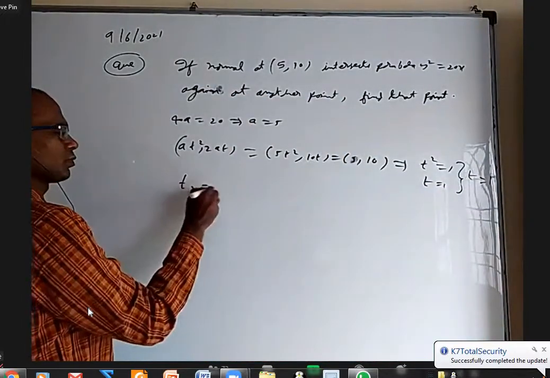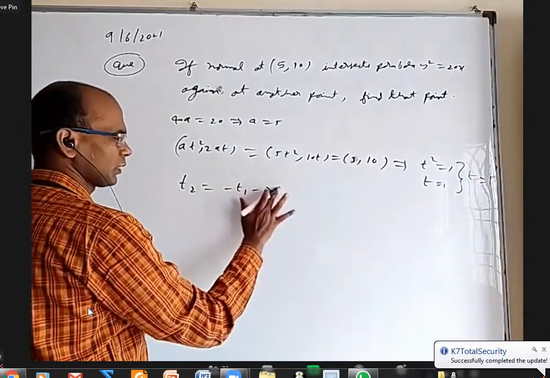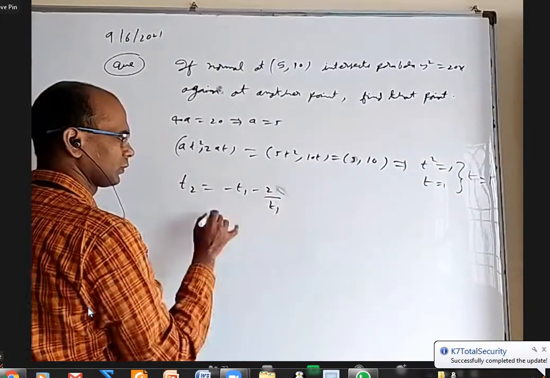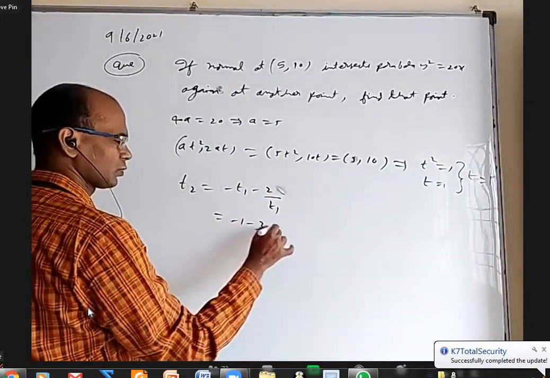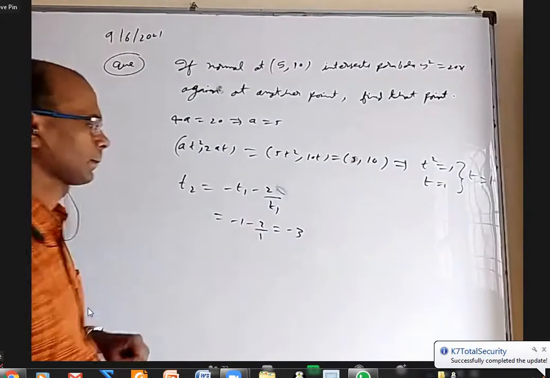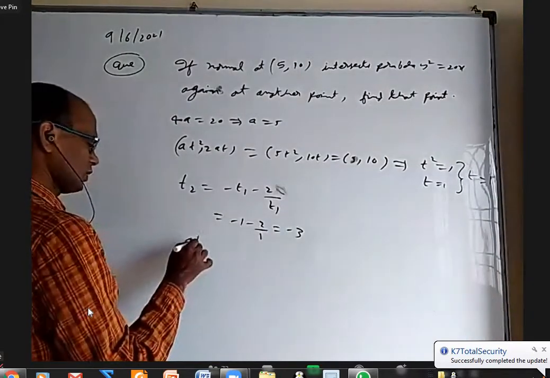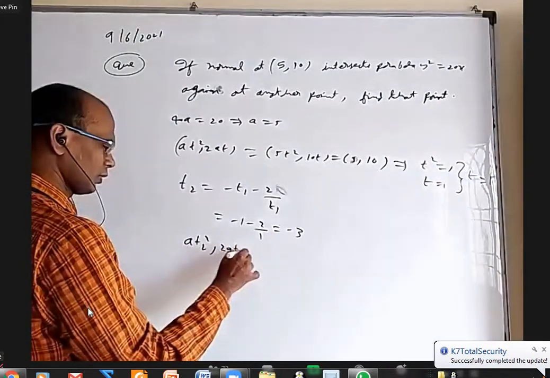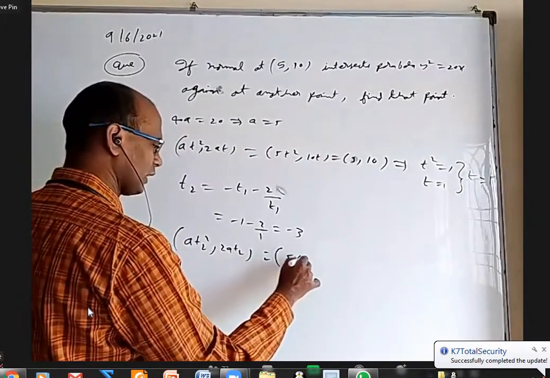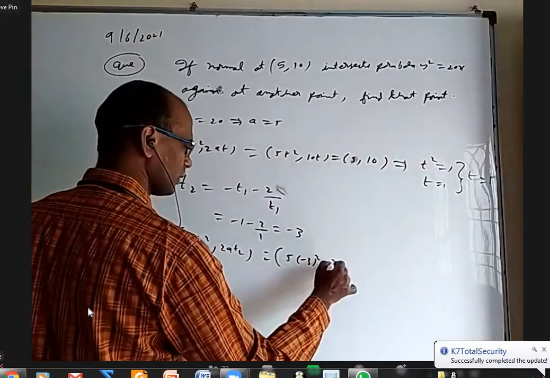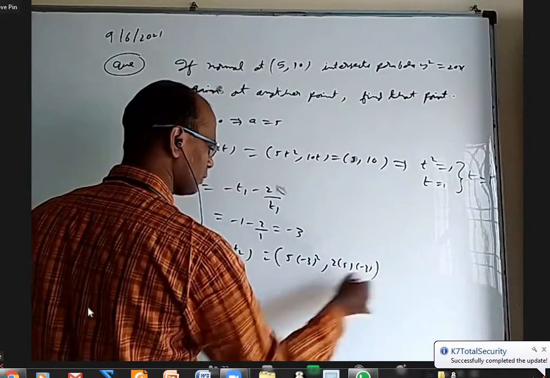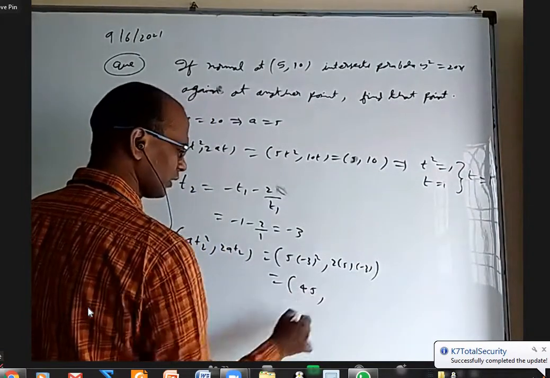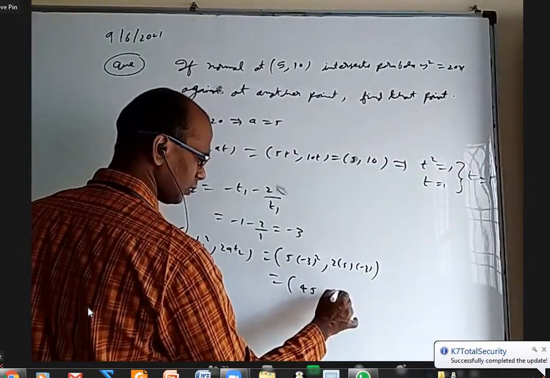Now we can use t2 equal to minus t1 minus 2 by t1. That is minus 1 minus 2 by 1, which is minus 3. If t2 is minus 3, (a t2 square, 2a t2) is 5 into minus 3 whole square, 2 into 5 into minus 3, which is (45, minus 30).